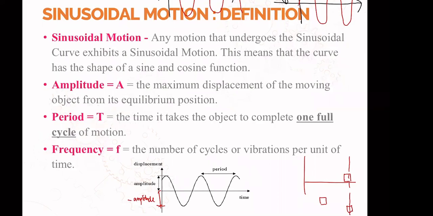Mag-move siya dito, mag-move siya doon. Ito yung tinatawag natin one cycle. Okay? Then yung time na ita-take natin to complete that cycle is tinatawag natin period or T. Kaya may nakalagay na period dyan.